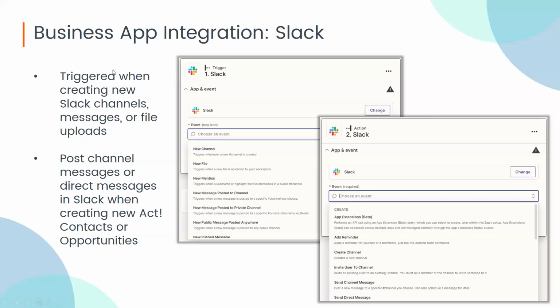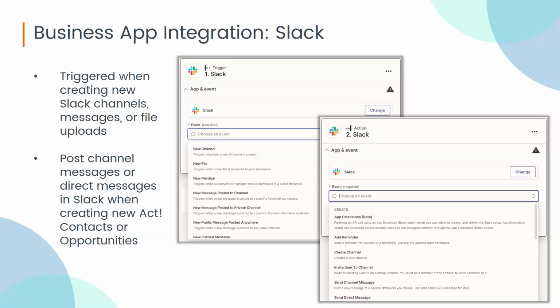So we can connect Act to integrate with Slack in several different ways. For example, I could trigger actions in Act whenever I create new Slack channels or new messages, or even uploading files in Slack. Conversely, I can post messages to Slack channels whenever I create a new Act contact or an opportunity.